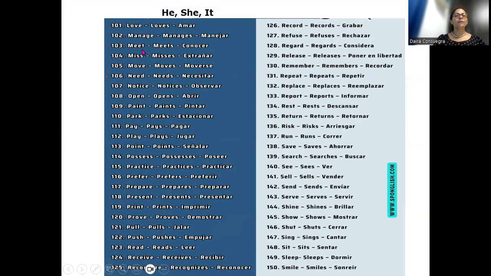Love, manage, meet, miss, move, need, notice, open, paint, park, pay, play, point, possess, practice, prefer, prepare, present, print, proof, pull, push, read, receive, and recognize.